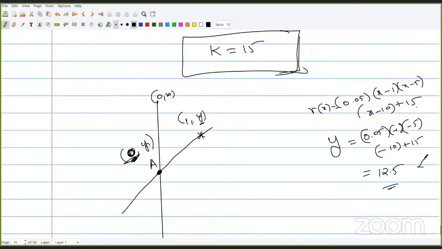Please tell once again how you get x equal to 0. See, this particular point A is on the y-axis. You see the graph. So on the y-axis, the x coordinate will be 0. From there, we got x equal to 0.